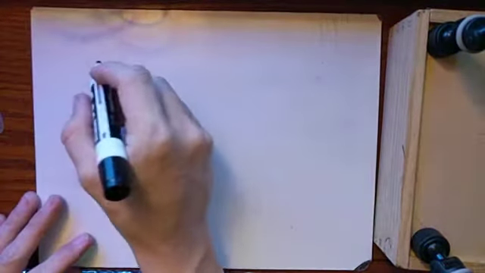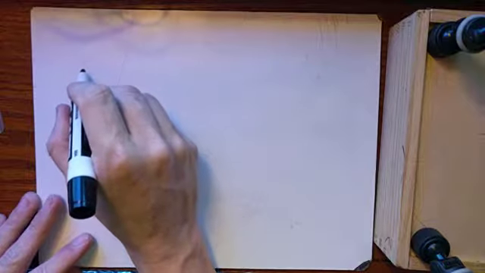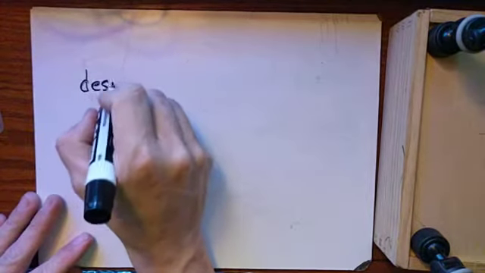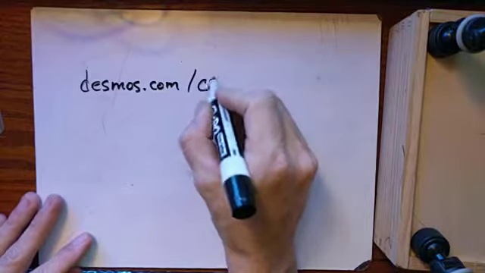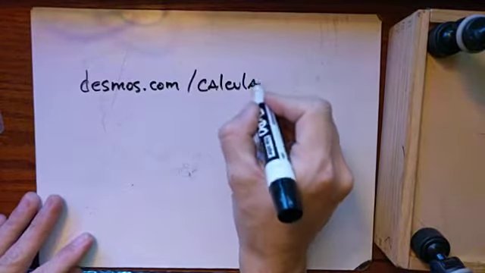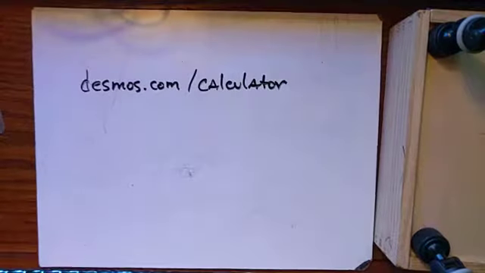One more thing I want to leave you with, and I don't have a computer screen up here, and I apologize for that, but if you were to go to the Desmos calculator, and let me just remind everybody the website for that, it's desmos.com/calculator.